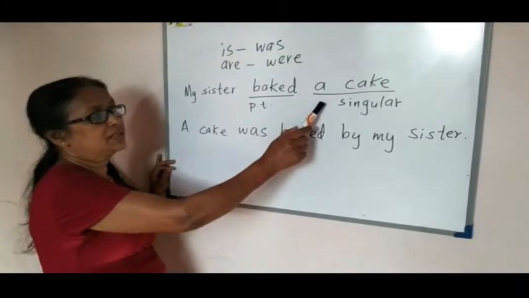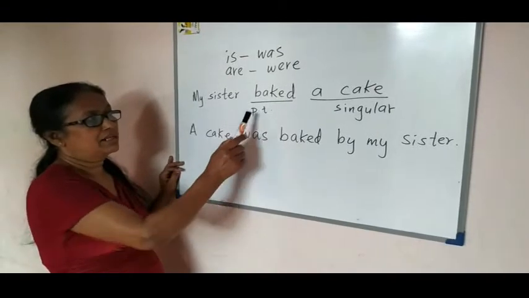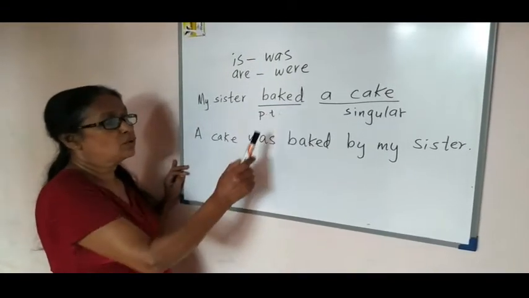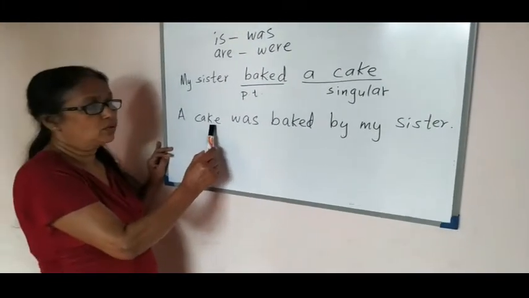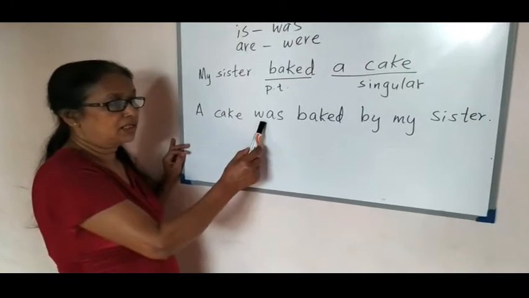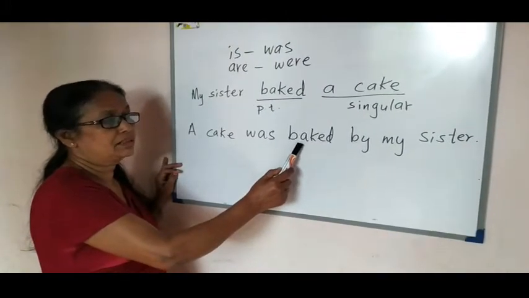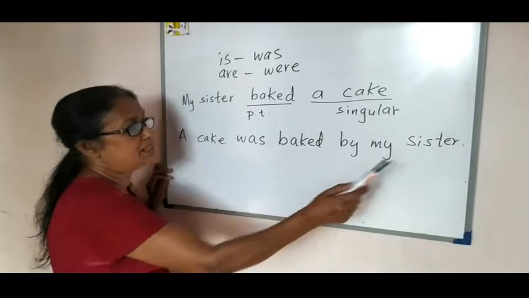What is the object? A cake. Then past, because the verb is past tense, you have to take was. This is a singular noun, so you have to take this singular verb. Past participle, this baked. By, the doer is my sister.